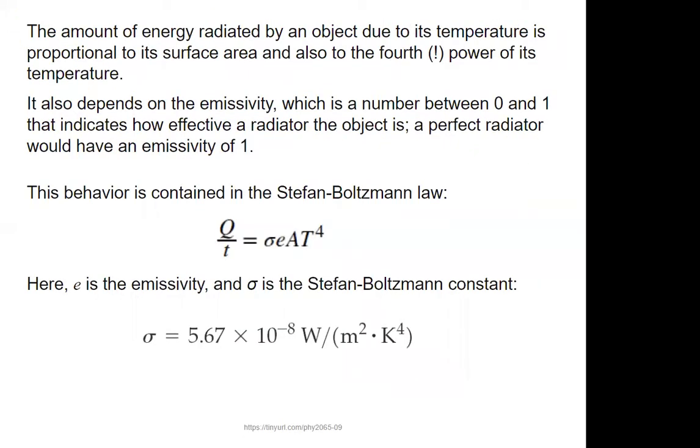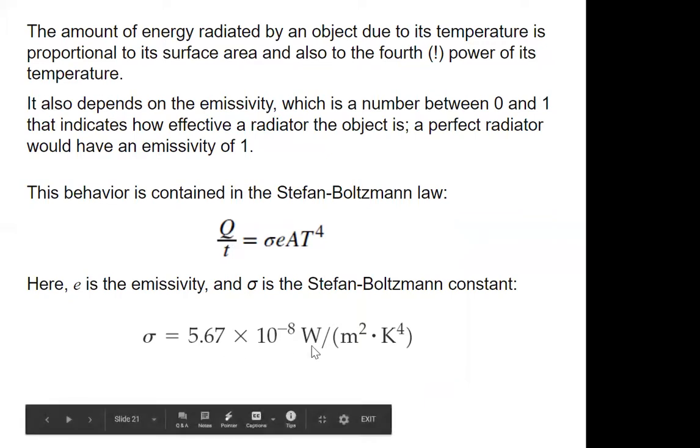So the amount of radiation for any physical body is equal to Q, the heat it gives out. Now, if you divide by time t, that means the power of this heat radiation is equal to sigma, which is called the Stefan-Boltzmann constant, which is this number.